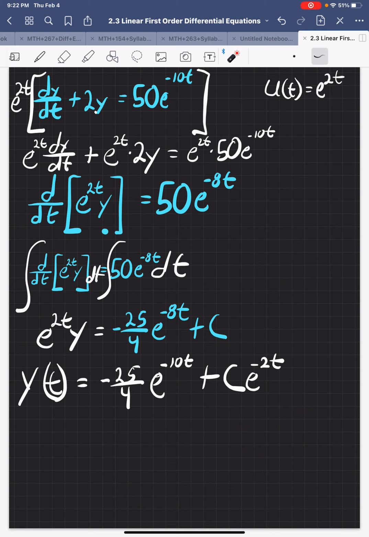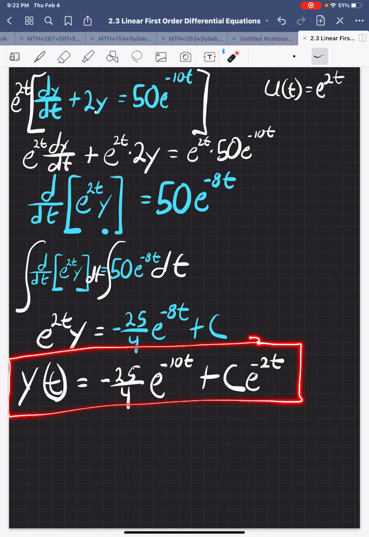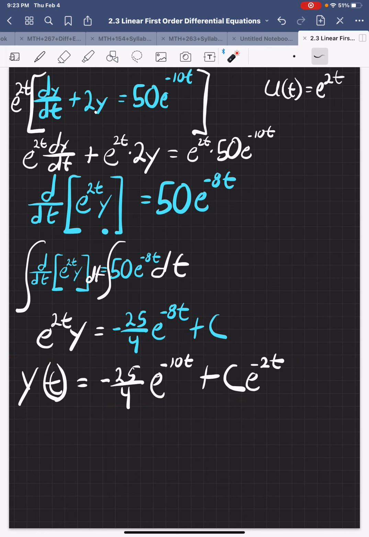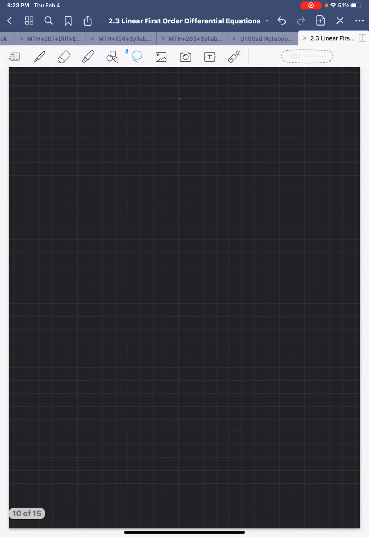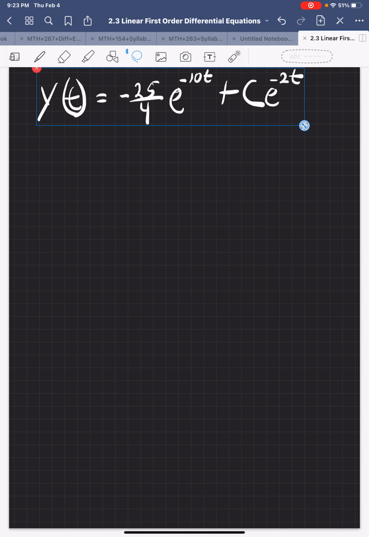But at this stage, we would be done with this problem if they just wanted the general solution. But in this particular case, they actually do, remember, you're going to use the fact. Let me go ahead and go to another page with some more room. So most of the work is to get to this general solution.